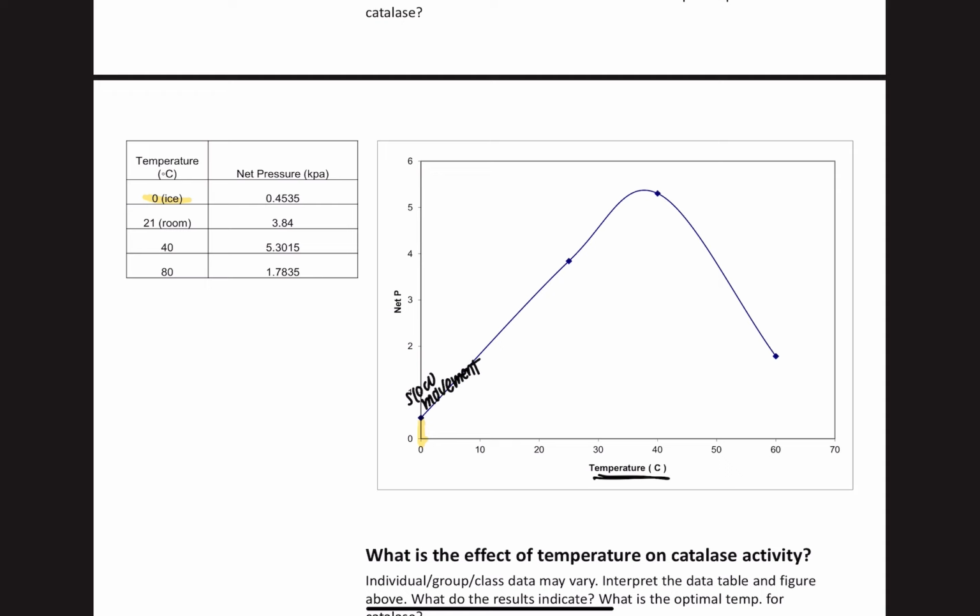When we get to about 21 degrees Celsius, we get room temperature. And we do see that our activity did start to increase. But when we reach 40 degrees Celsius, what we have is the peak of catalase activity.